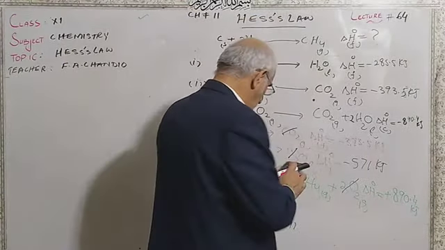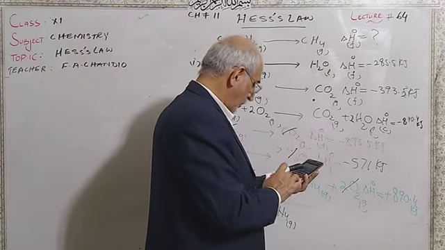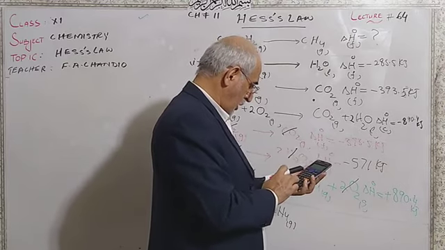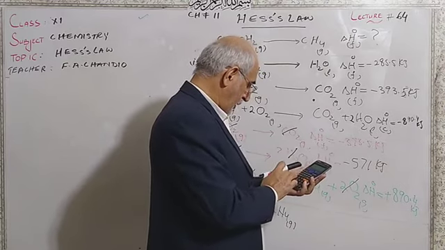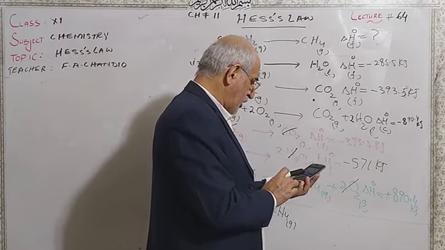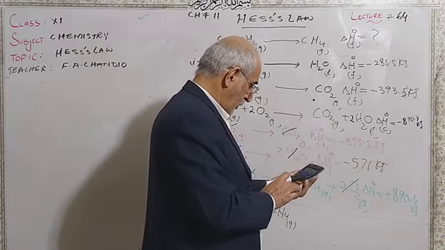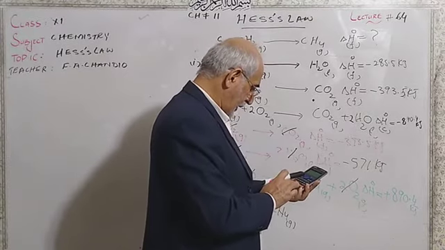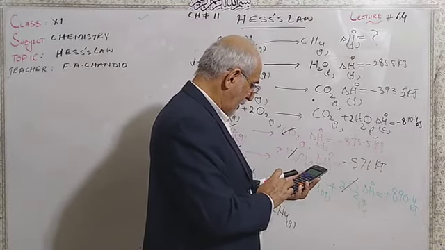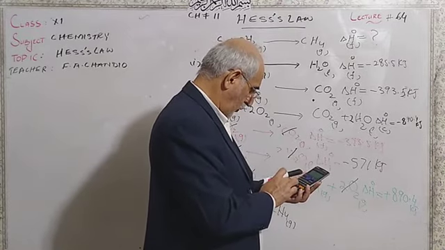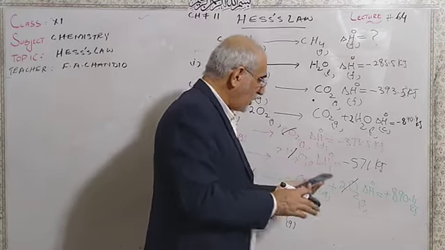Now you have the values: 393.5 plus 571. This will be 964.5. This answer minus 890.4 is equal to 74.